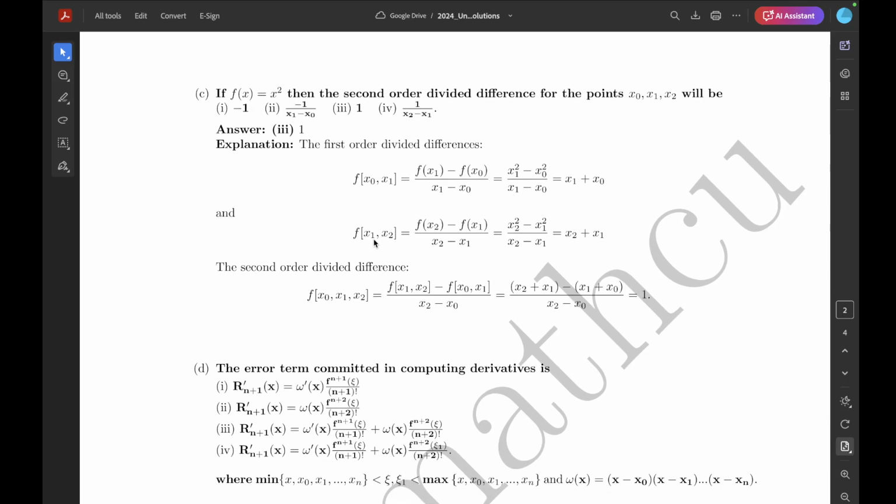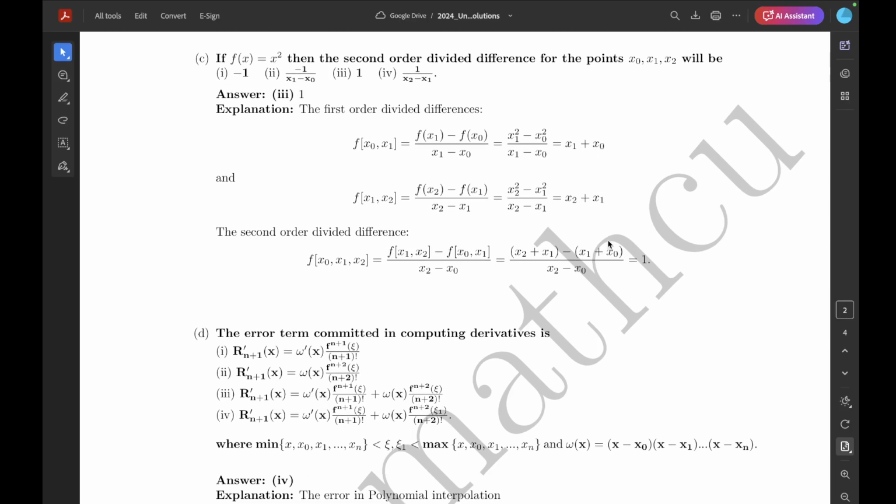And similarly we get the divided difference f of x1, x2 equal to x2 plus x1, and the second order divided difference f of x0, x1, x2 is equal to f of x1, x2 minus f of x0, x1 whole divided by x2 minus x0.